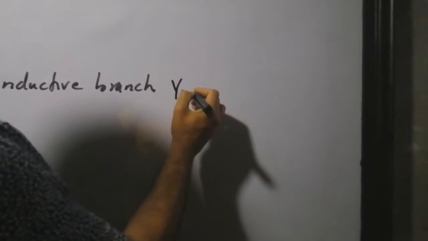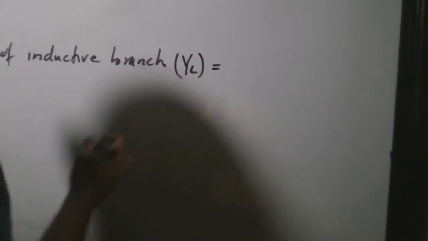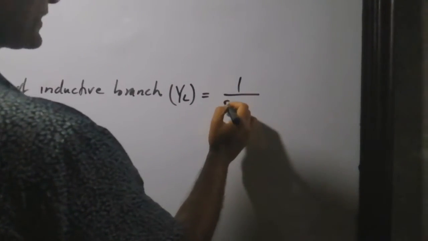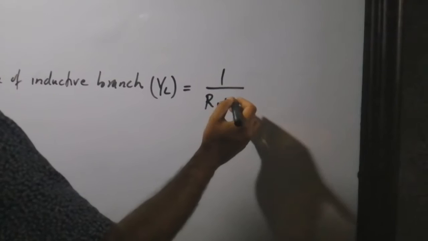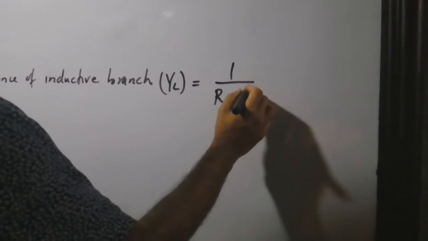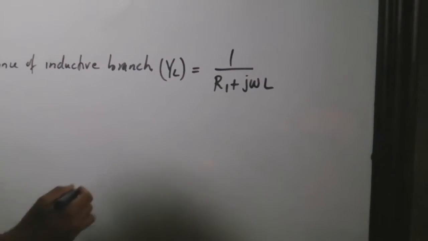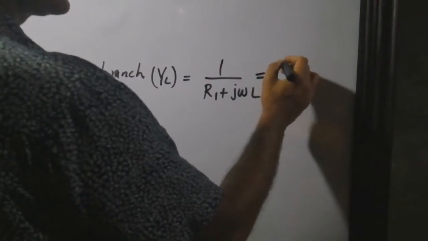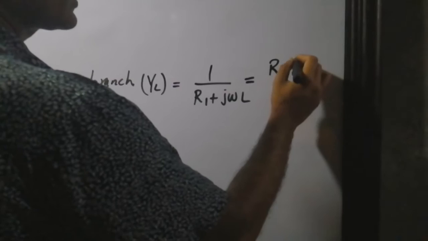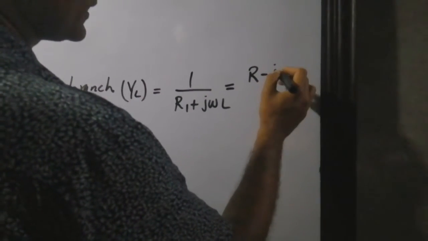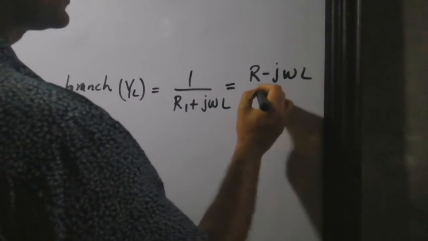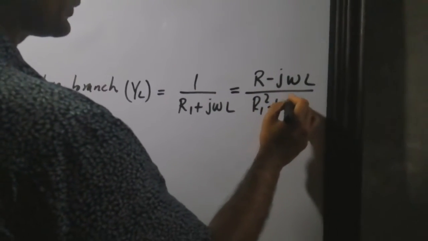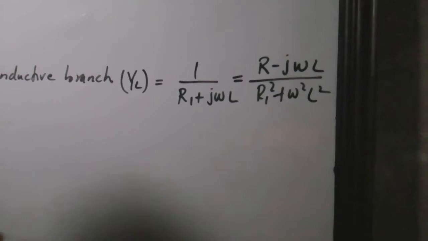We denote it by YL, and YL equals 1 over the combination of resistance plus inductor, that is R1 plus j omega L. I want to rationalize it so that I can easily separate the real and imaginary parts later. Rationalizing this, we get R1 minus j omega L upon R1 square plus omega square L square.